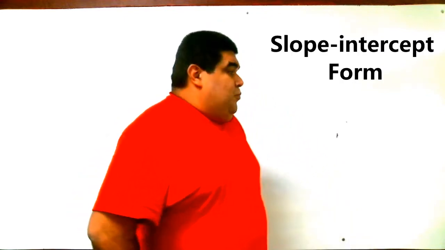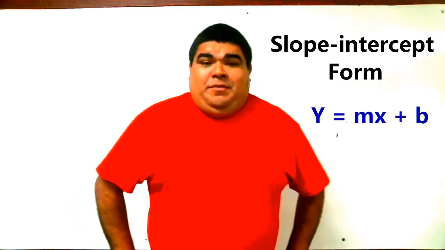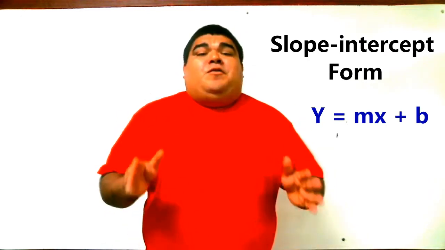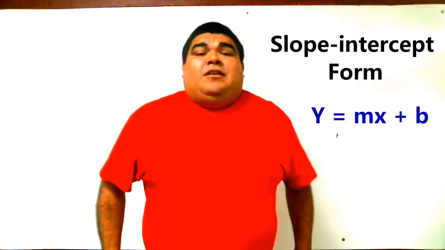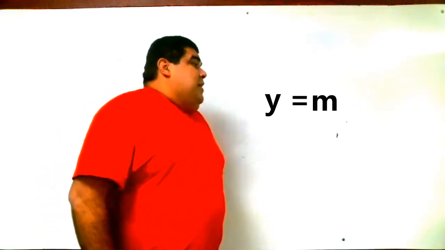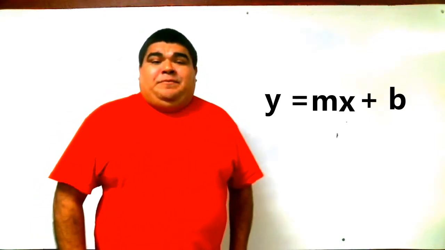So today we're taking it one step further. The formula we're going to use today is called slope-intercept form, okay? If you're familiar with it, good. If you're not, that's okay, because we're going to work on it together today. The formula is written as y equals mx plus b.